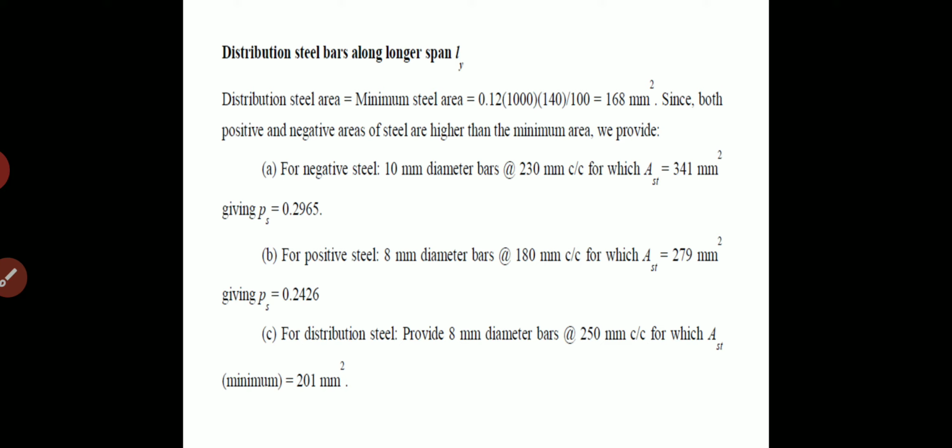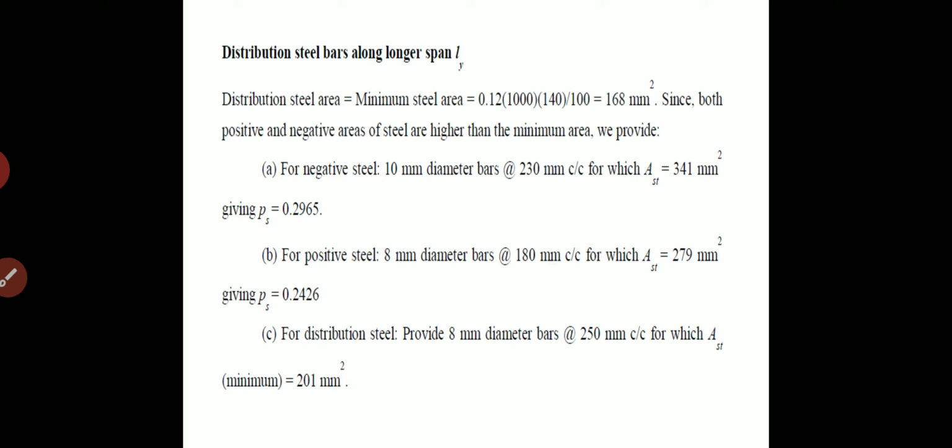For positive steel, 8 mm diameter bars at 180 mm center to center spacing, for which AST equal to 279 mm square, giving Pt equal to 0.2426.